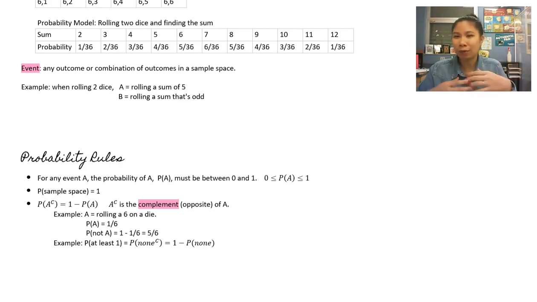Like if you have 10 friends and you're looking for the probability that at least 1 friend will come over to your house, you really just don't want no people to come to your house because that would be lonely and sad. The opposite of at least 1 would just be none. So if we find 1 minus the probability of none, then that would give us the probability of 1 or more.